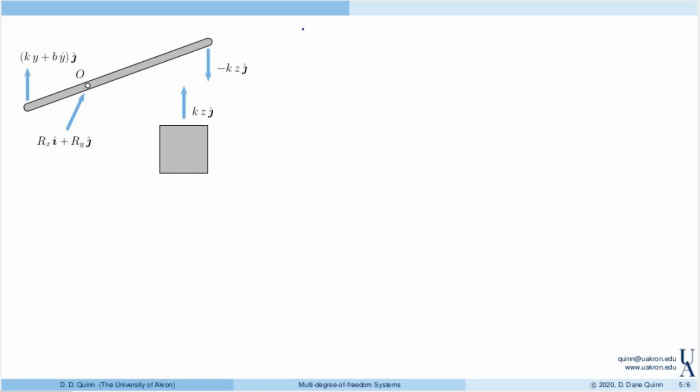So for linearized motion, and that implies small angles, then we have sine of theta, which is my shorthand, s theta, meaning sine of theta, is approximately theta, and cosine of theta, again my shorthand, is approximately 1.